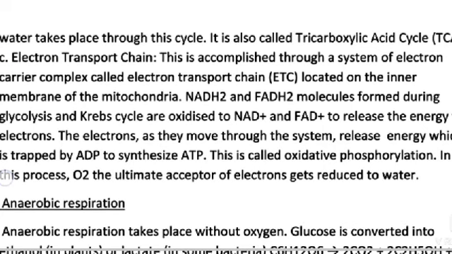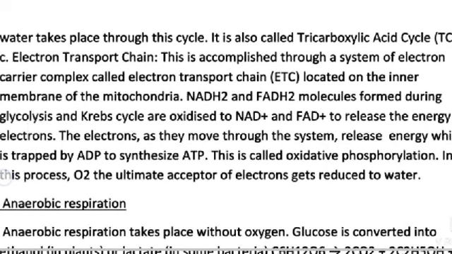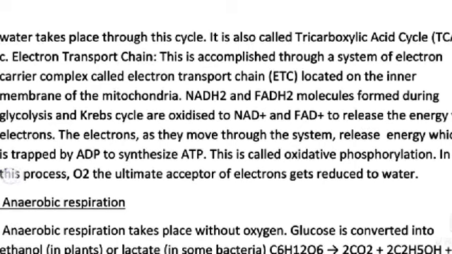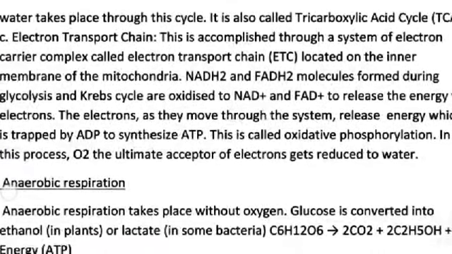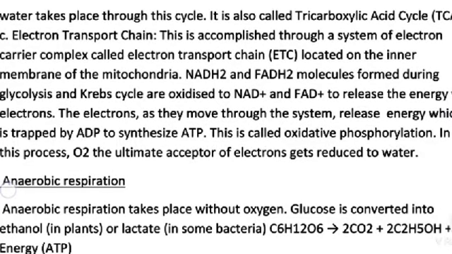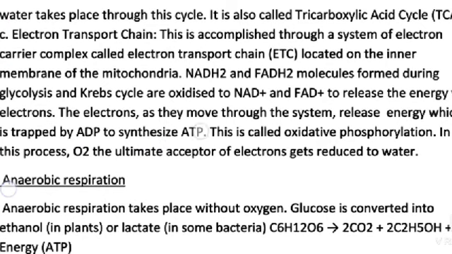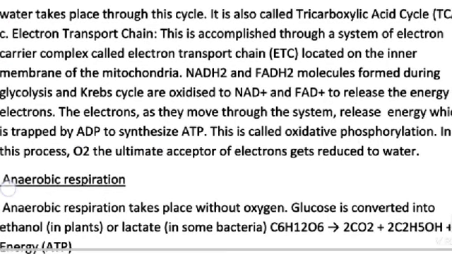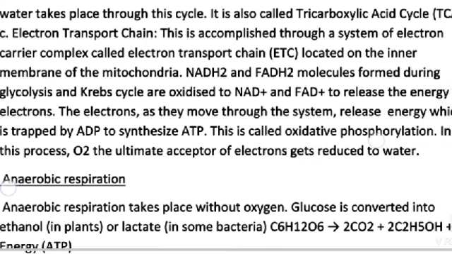NADH2 and FADH2 molecules formed during glycolysis and the Krebs cycle are oxidized to NAD and FAD to release energy via electrons. The electrons, as they move through the system, release energy which is trapped by ADP to synthesize ATP. This is called oxidative phosphorylation. In this process, O2, the ultimate acceptor of electrons, gets reduced to water.